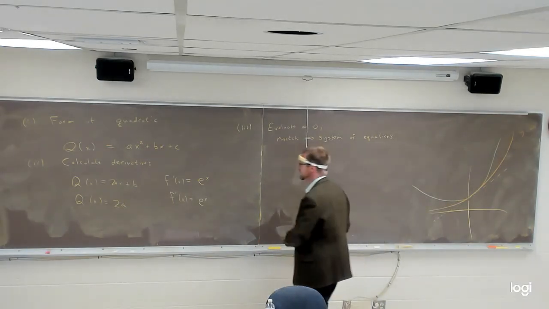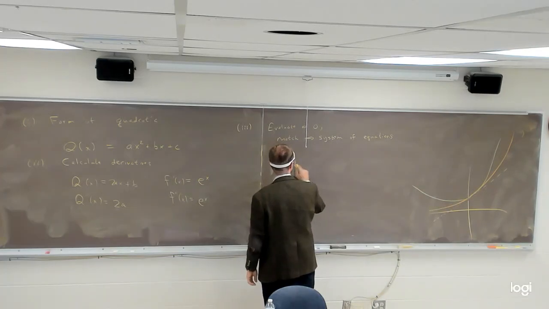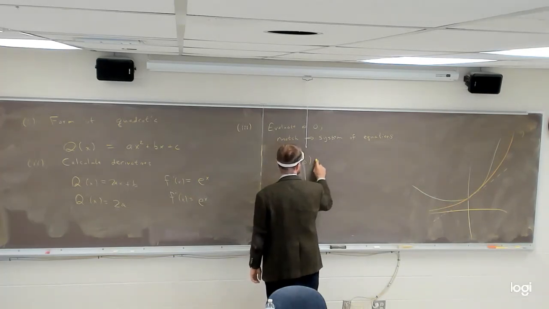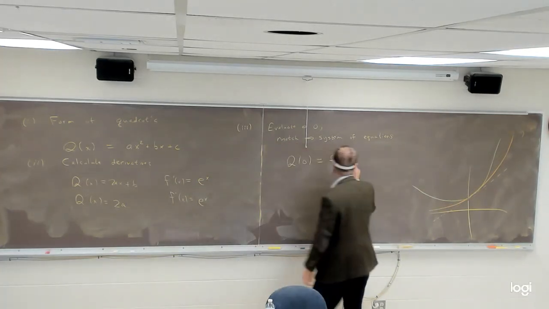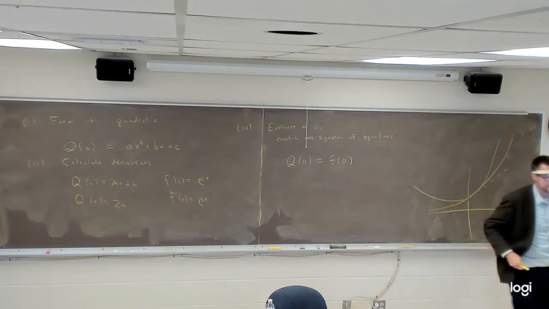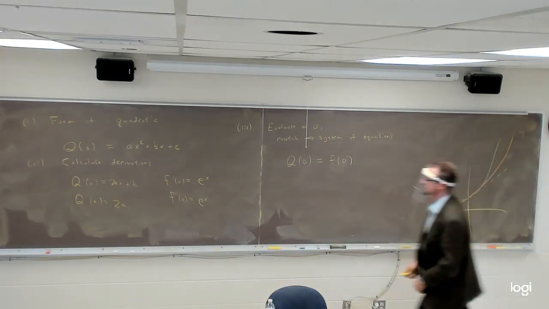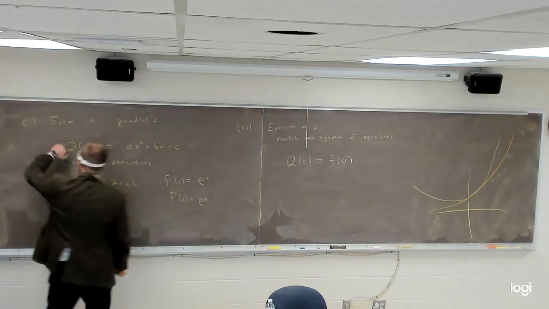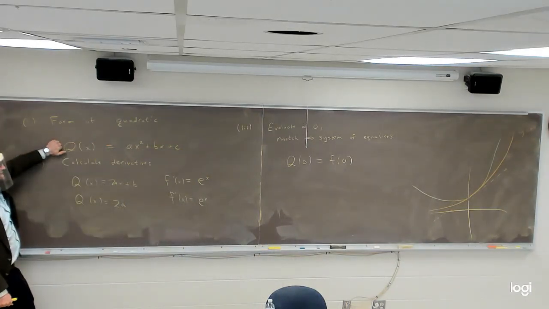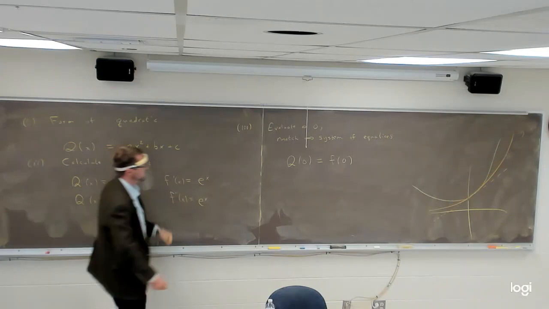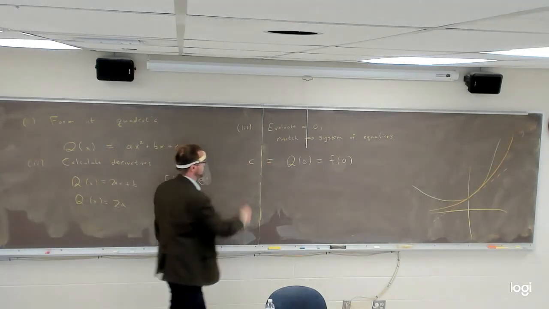I want Q of 0 to equal f of 0. That's my first criterion. But I can calculate Q of 0 from this formula: a times 0 squared plus b times 0 plus c.